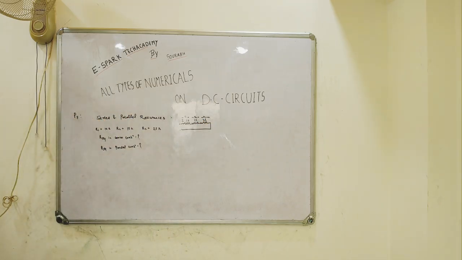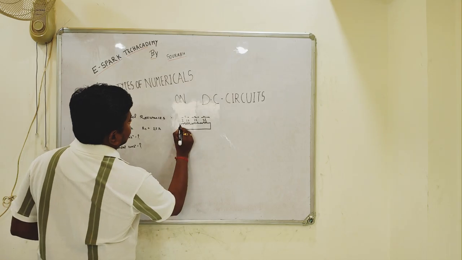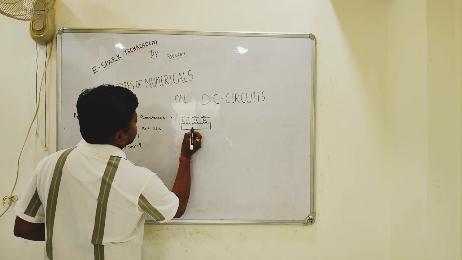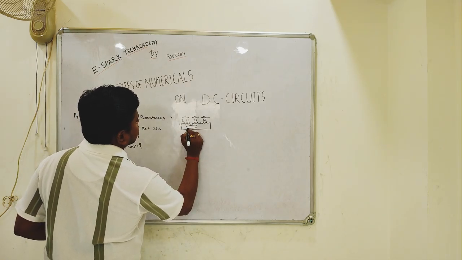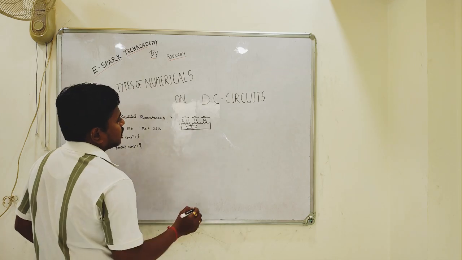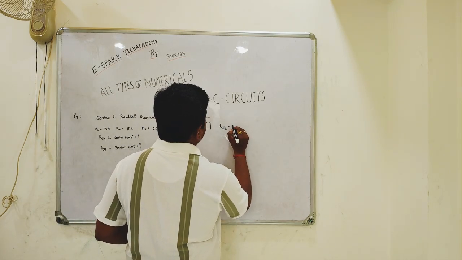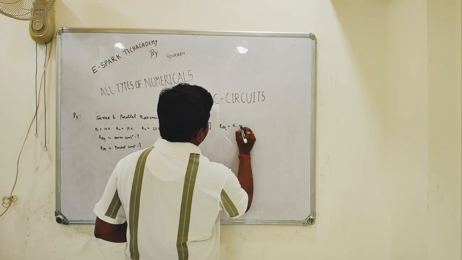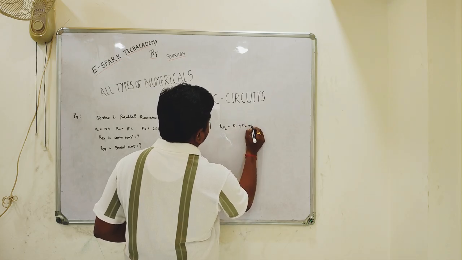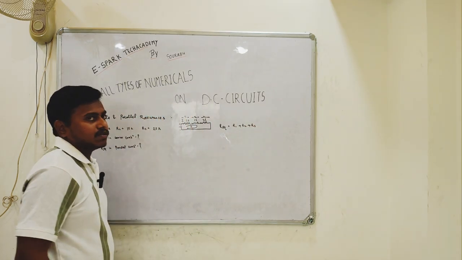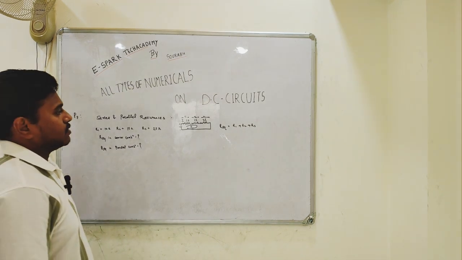Now we have to calculate this R equivalent. R equivalent for series combination is nothing but R1 plus R2 plus R3, summation of all resistors connected in series combination.